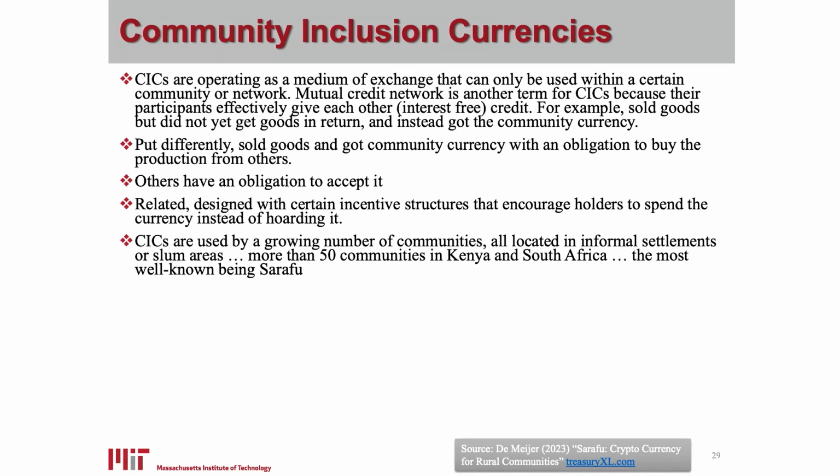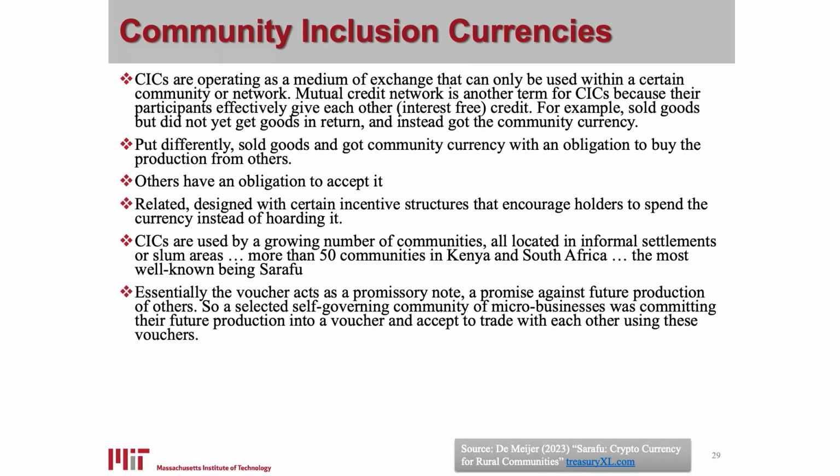And these are used in informal settlements in slum areas in Nairobi, for example, also South Africa. The best known is Sarafu. So the vouchers are promissory notes as a promise against future production. What was the idea?